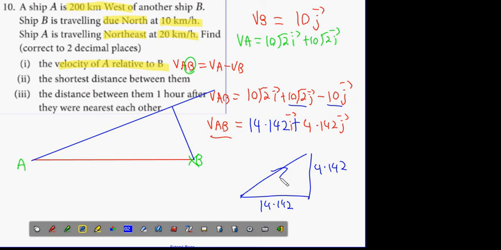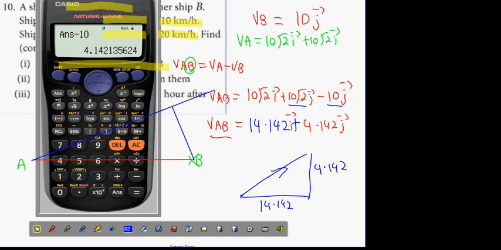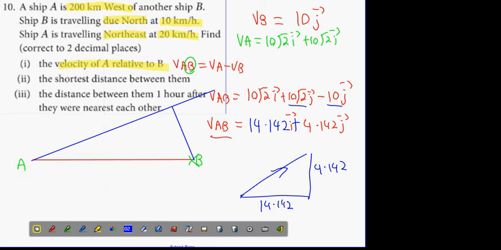So we do 4.142 squared plus 14.142 squared, and then square root our answer, and we get 14.736. So our speed is 14.736.